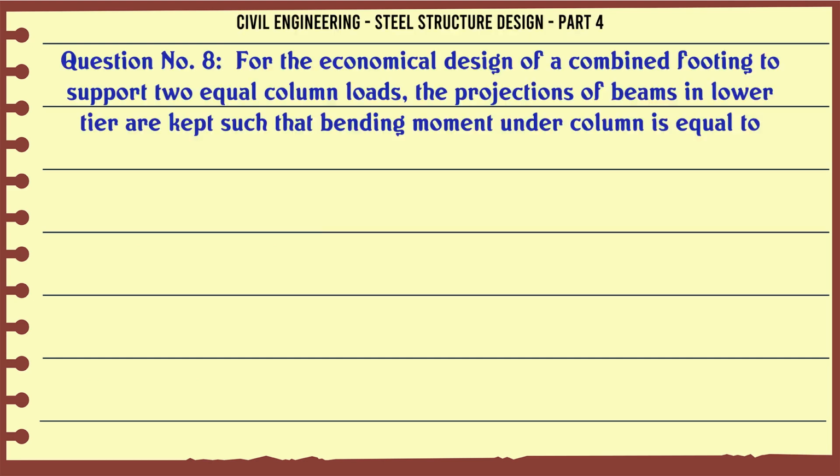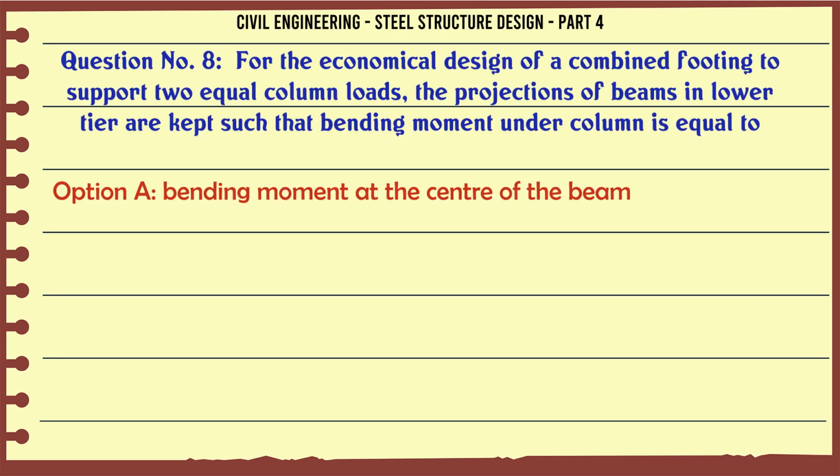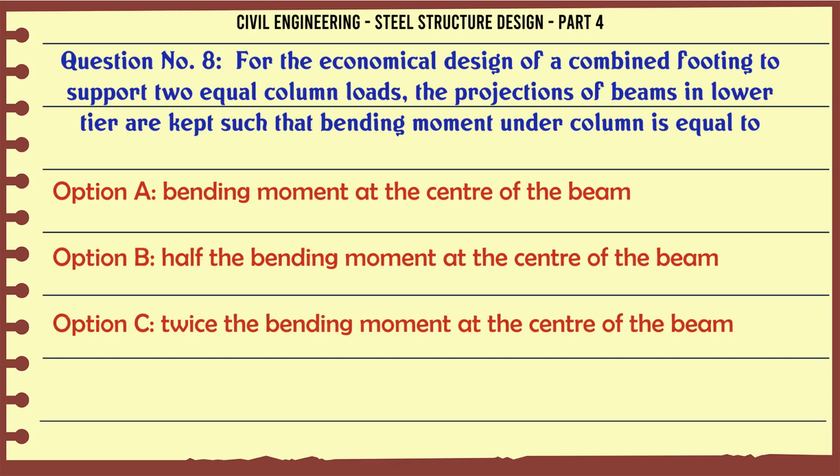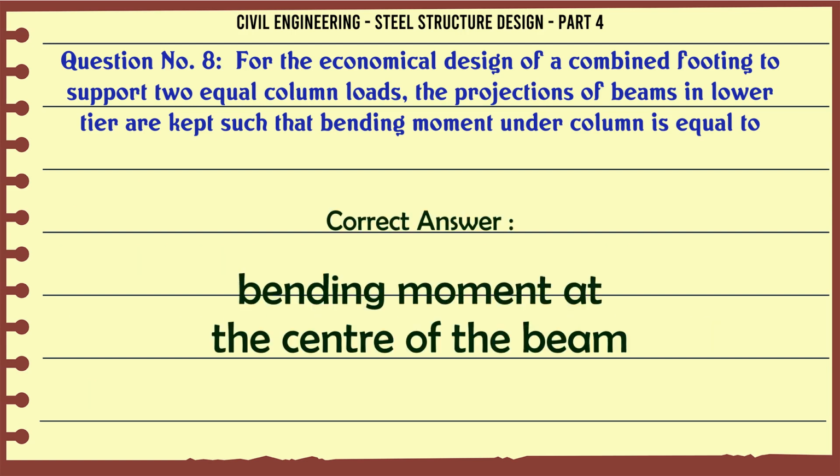For the economical design of a combined footing to support two equal column loads, the projections of beams in lower tier are kept such that bending moment under column is equal to A) bending moment at the center of the beam, B) half the bending moment at the center of the beam, C) twice the bending moment at the center of the beam, D) none of these. The correct answer is bending moment at the center of the beam.